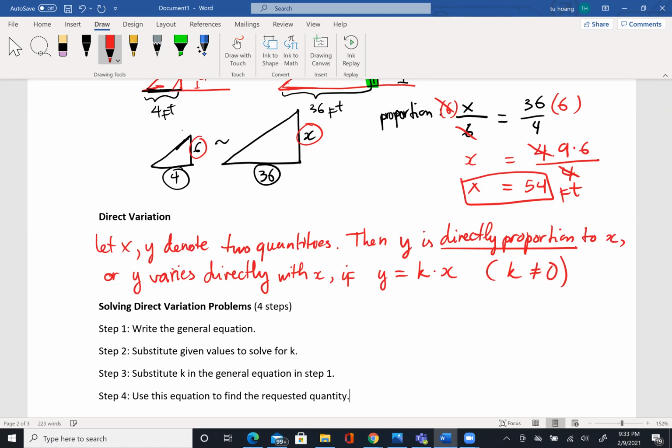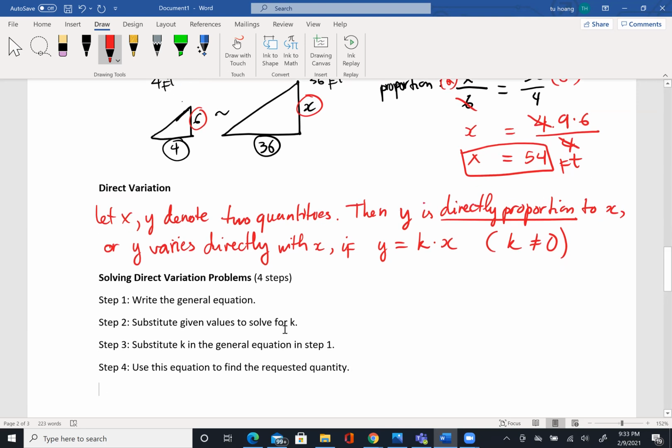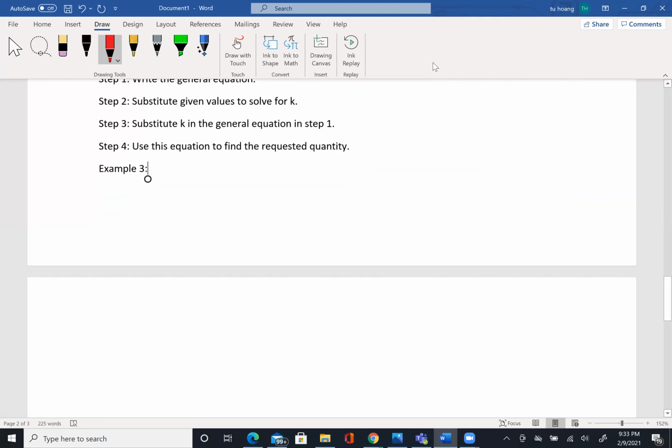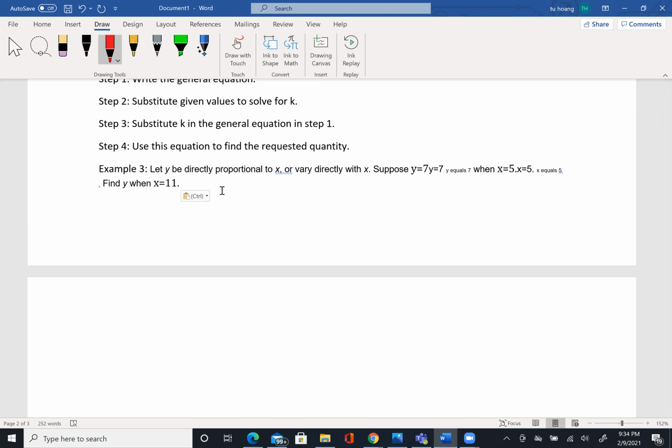All right, so let's have an example to see how we can do this. Let's have example 3. Let me move up a little bit. Example 3: let y be directly proportional to x, or vary directly with x.